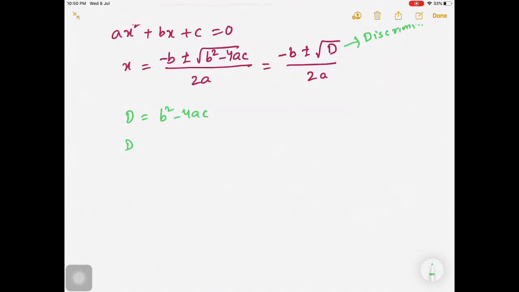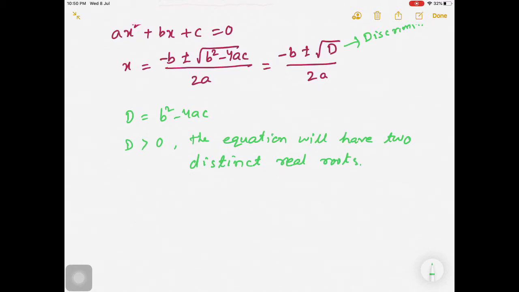If D is greater than 0, then the equation will have two distinct real roots.